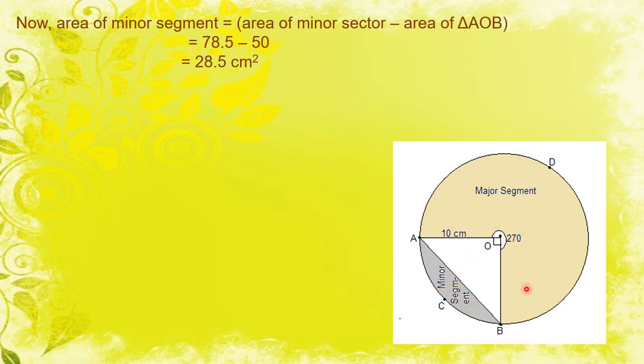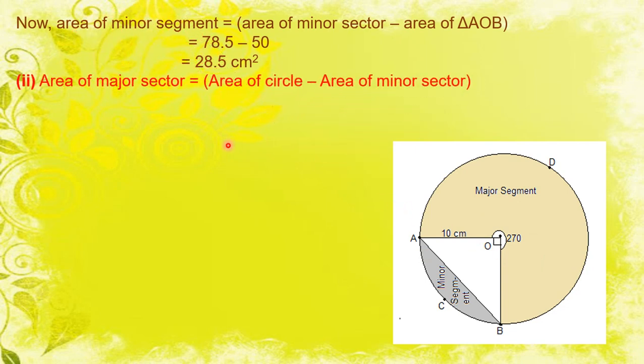Now the second point, we have to find the area of the major sector. If we take the area of the circle and subtract the area of the minor sector from it, we get the area of the major sector. So the area of the major sector is the area of the circle minus the area of the minor sector. The area of the circle is pi r square, using pi 3.14 into 10 into 10, minus 78.5.